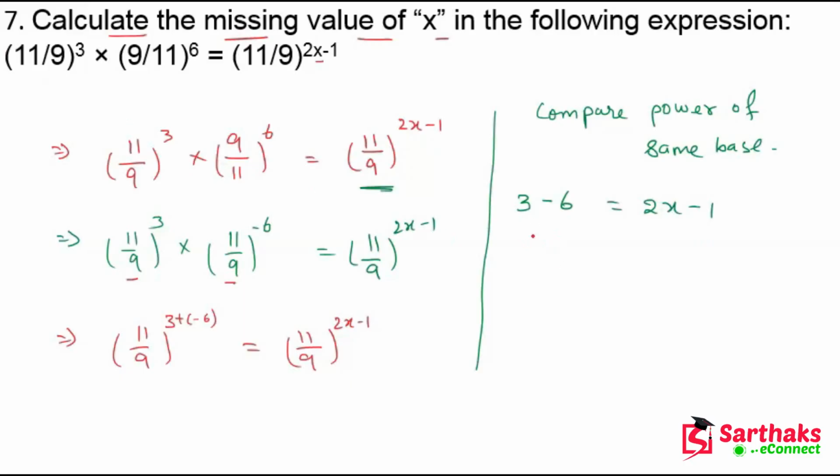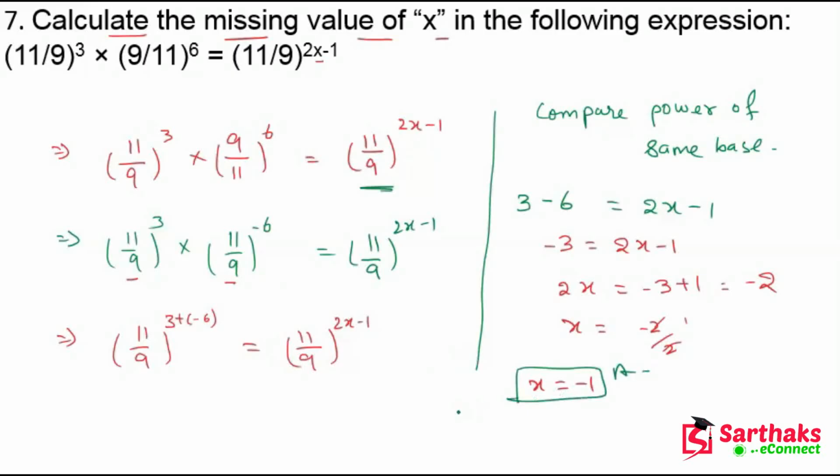Now if we solve this, we get minus 3 equals 2x minus 1, so 2x equals minus 3 plus 1, which is minus 2. And x is minus 2 upon 2, which cancels one time. So we get x equals minus 1. This is the answer of this problem.